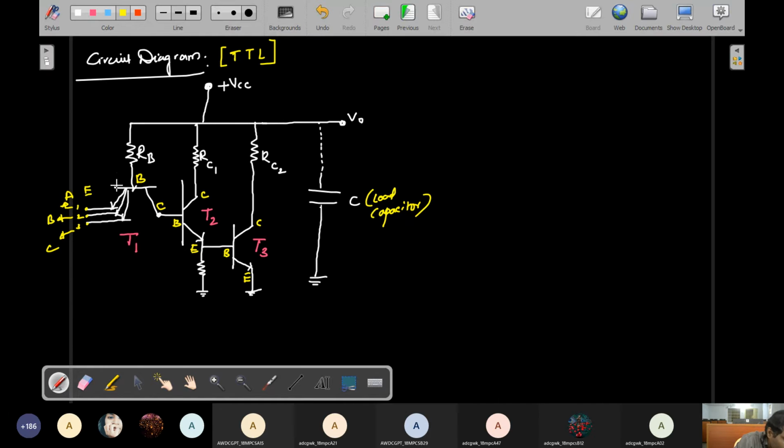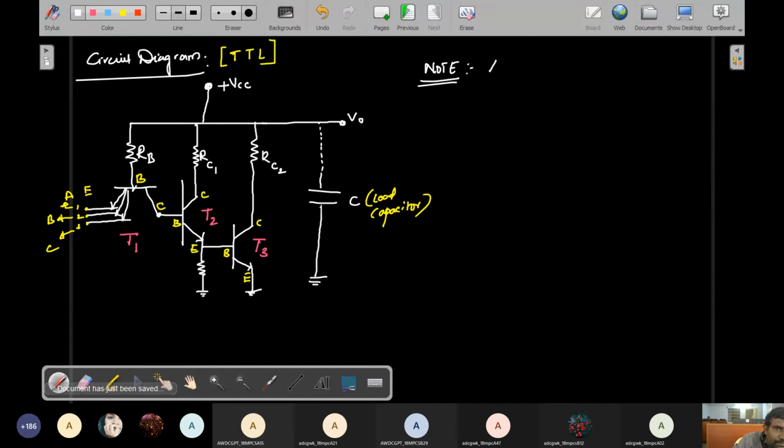And if any emitter input is high, then T2 and T3 are short circuit. I'll write this note point here, and using this note point I can explain everything. To study the TTL circuit diagram you must know this important point.